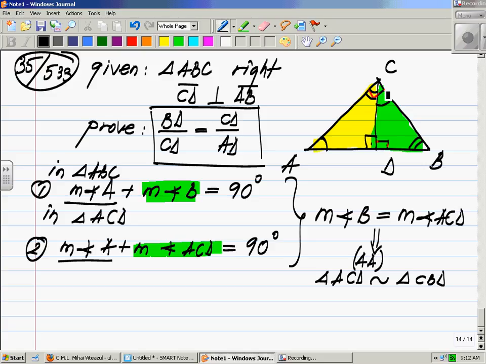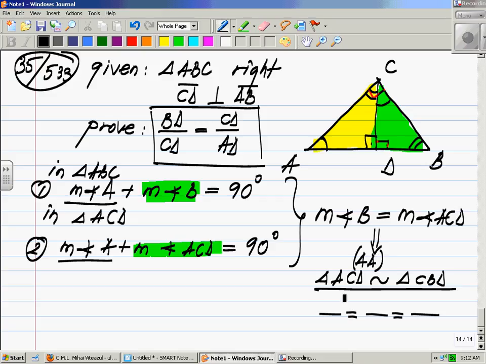In this green triangle, which is also a right triangle, angle B plus the small angle BCD also add up to 90 degrees, which makes angle BCD congruent to angle A from triangle ABC. Two triangles similar. Let's write the similarity statements, which say that the corresponding sides have the same ratio to each other.